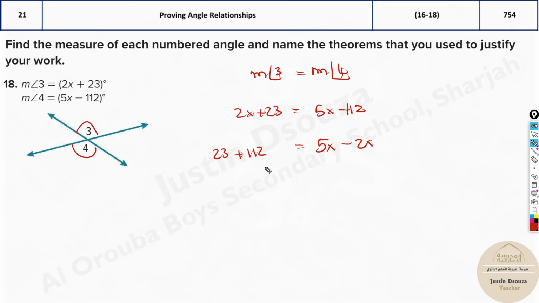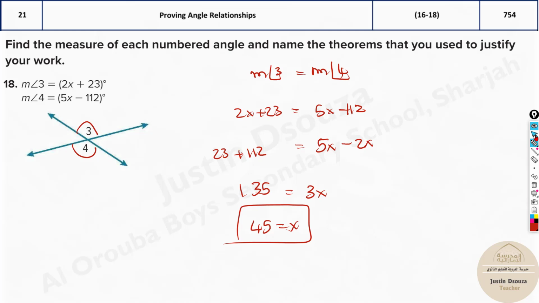Now here you can just solve it up: 135 equals 5 minus 2, which is 3x. Now it is divided by 3, 45 is equal to x, and that's the answer.